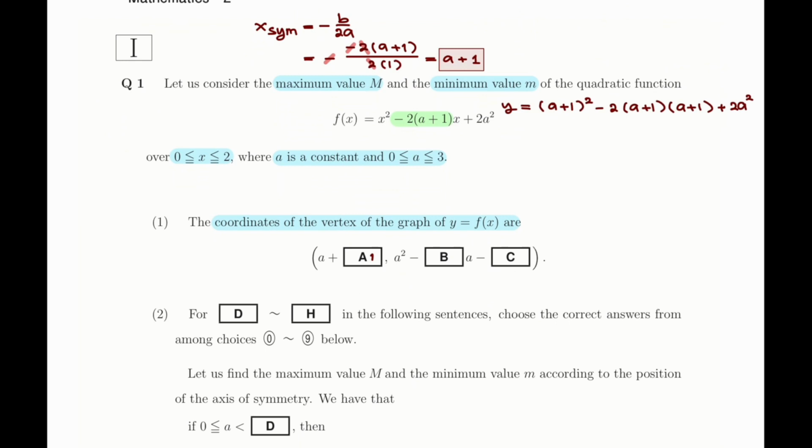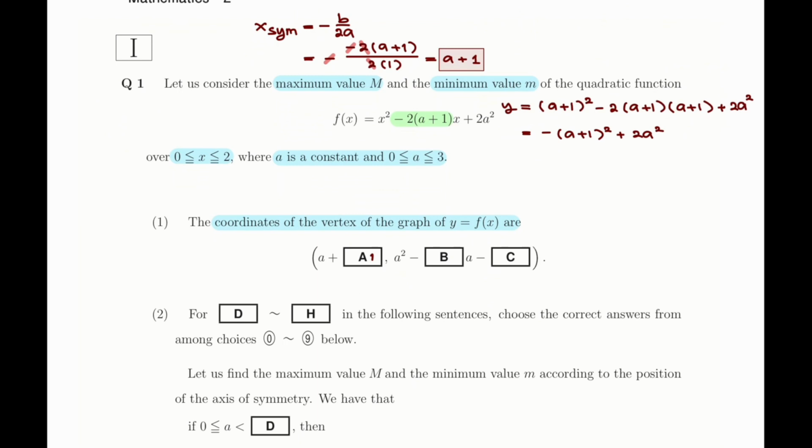First of all, as you can see here, this is (a plus 1) squared. So (a plus 1) squared minus 2 times (a plus 1) squared, the answer is negative (a plus 1) squared plus 2a squared.